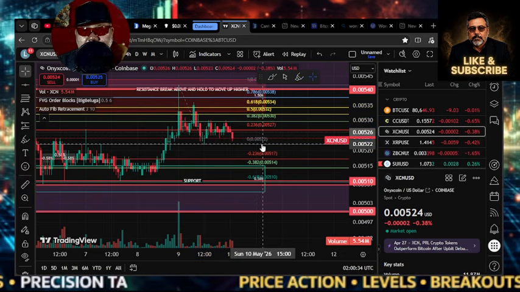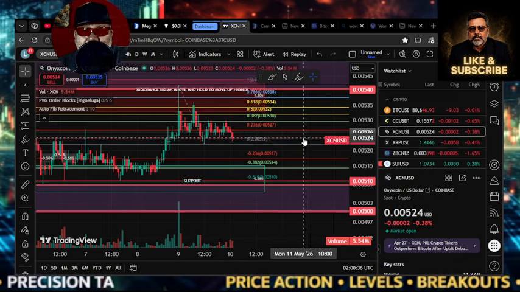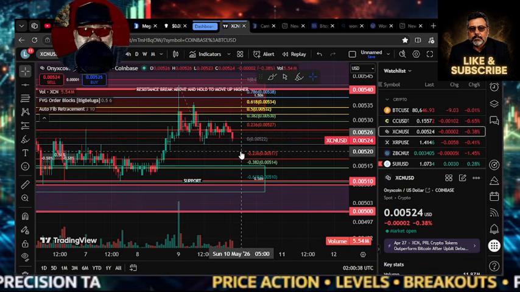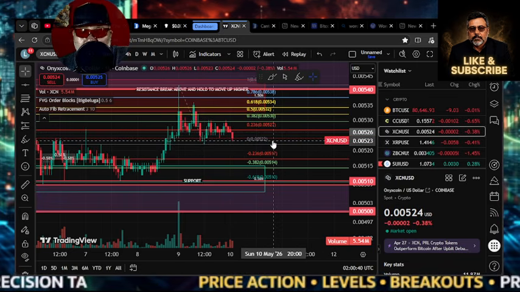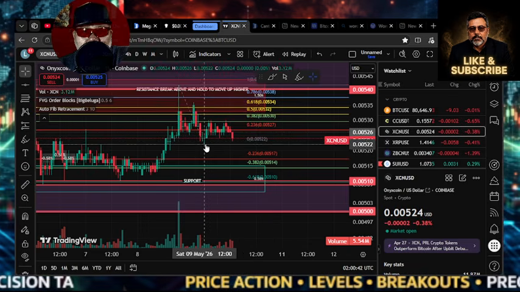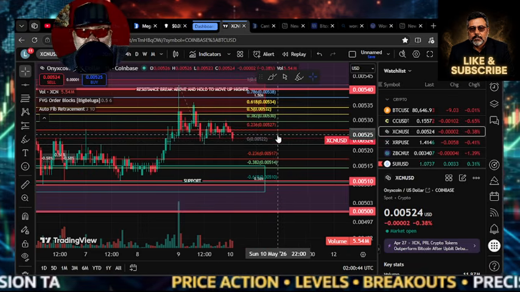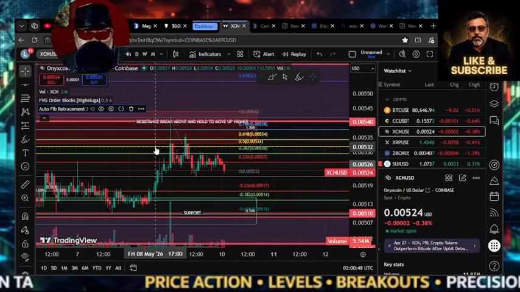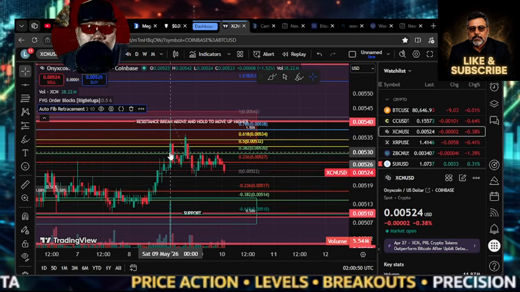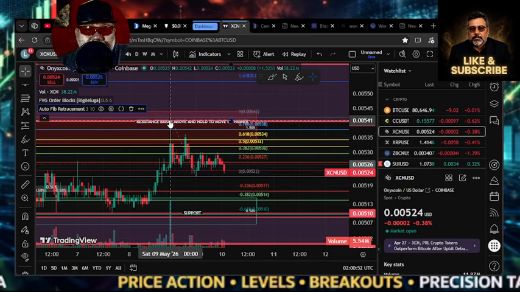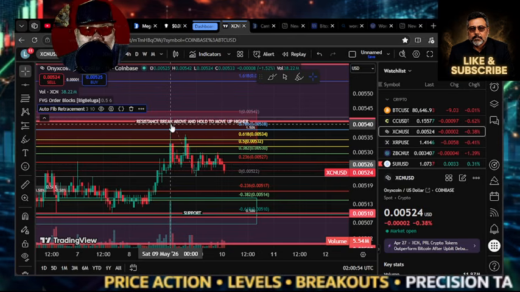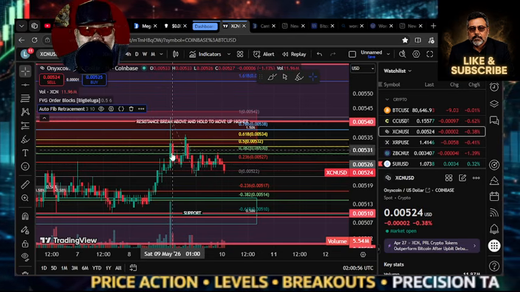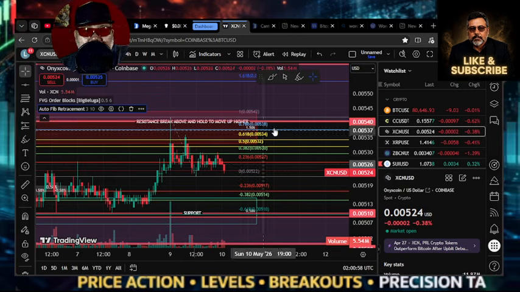But I wanted to come and give you this update on XCN. But I'd say right now, neutral to slightly bullish on the price of XCN. But I do see us going back up like we did earlier today and test this level. It shot up, wicked up, and shortly came right back down.